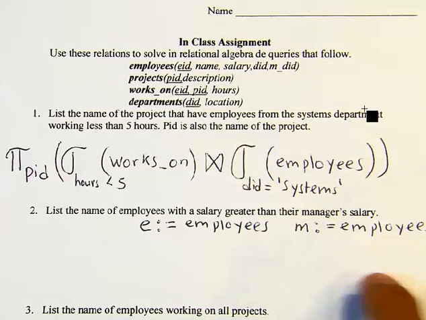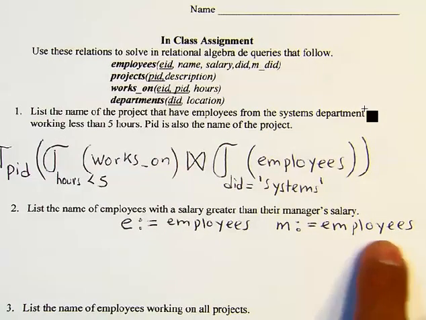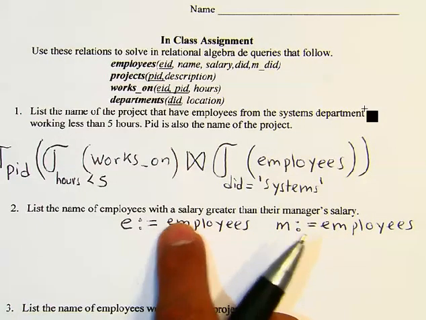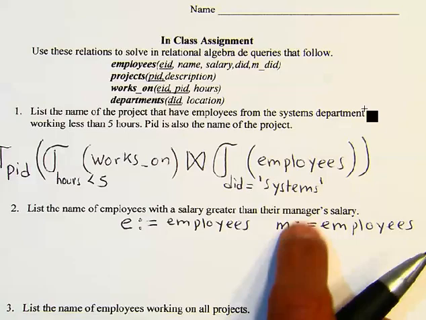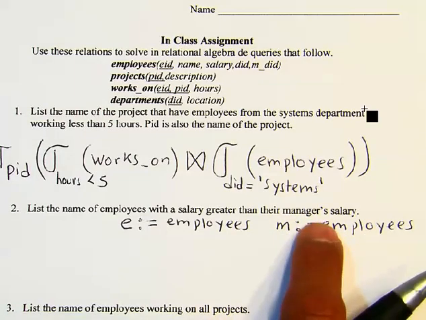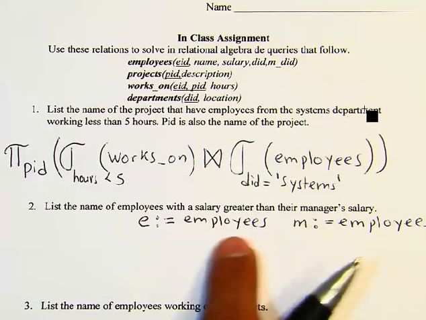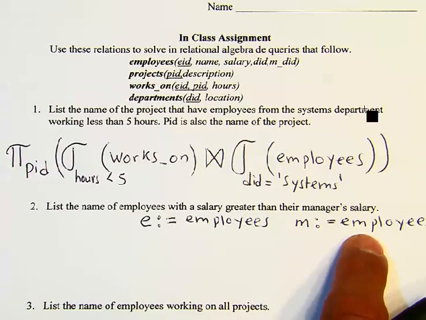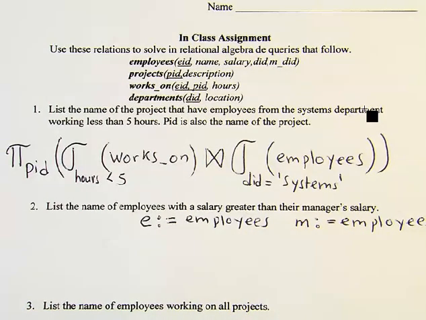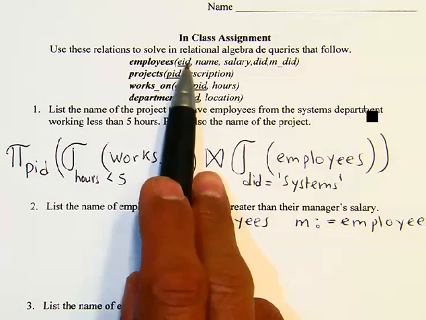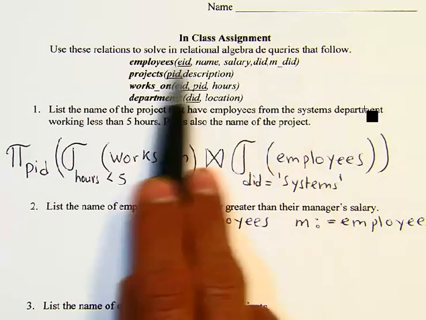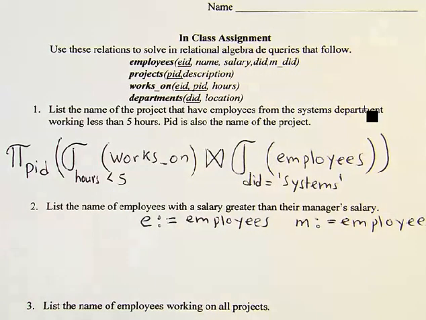Remember that in the textbook, they use the Greek letter rho, which looks like a P, to rename. I also told you we can use these symbols to make an assignment. So let's say that we open the table twice, and then we need to join employees on one side, and on the other side we need the record of the managers.